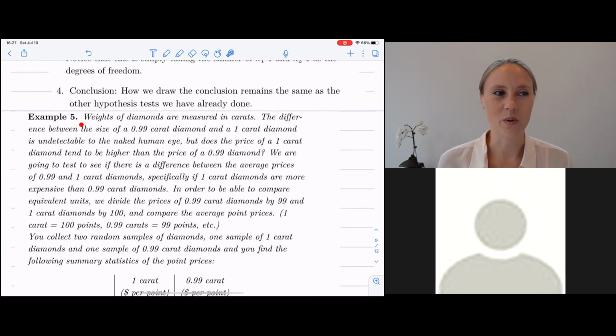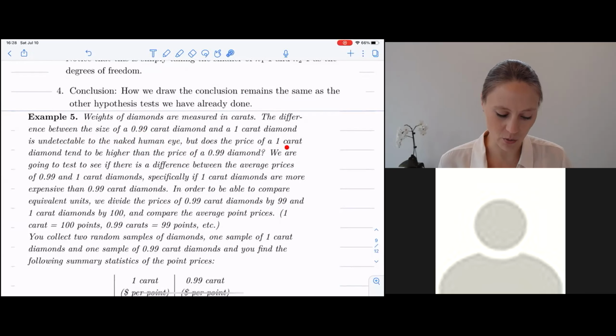Let's do an example. Weights of diamonds are measured in carats. The difference between the size of a 0.99 carat diamond and a 1 carat diamond is undetectable to the naked human eye. I wonder why it has to specify naked. I've never noticed that before, but today I did.